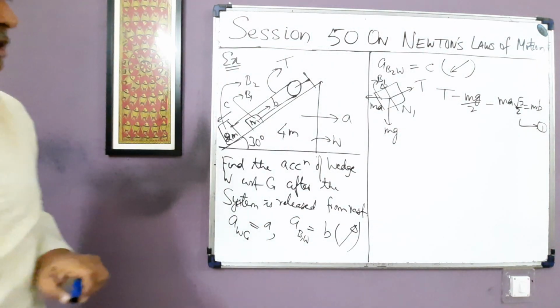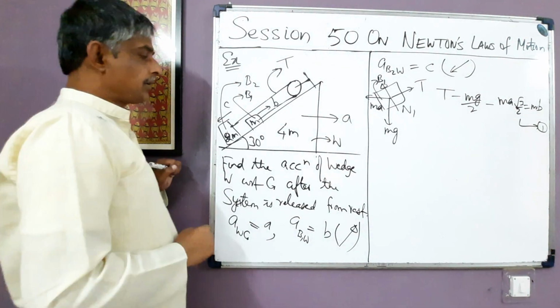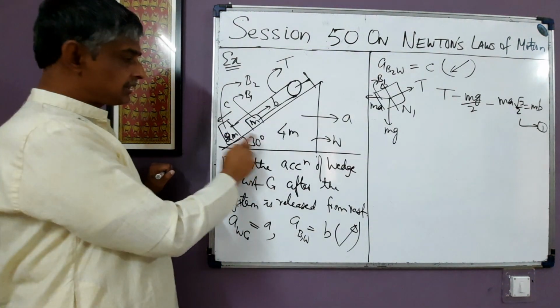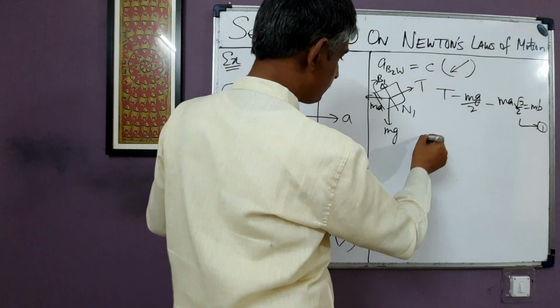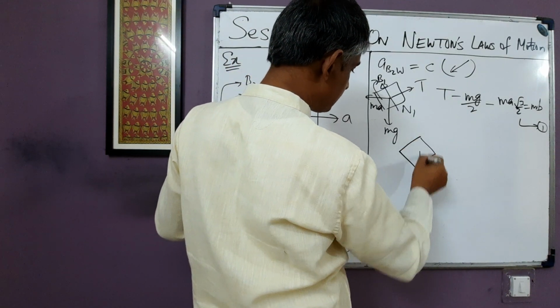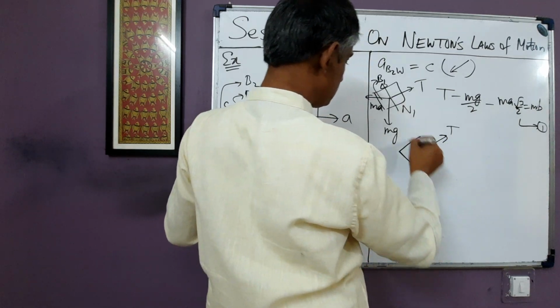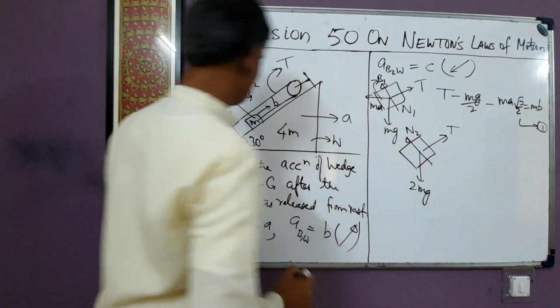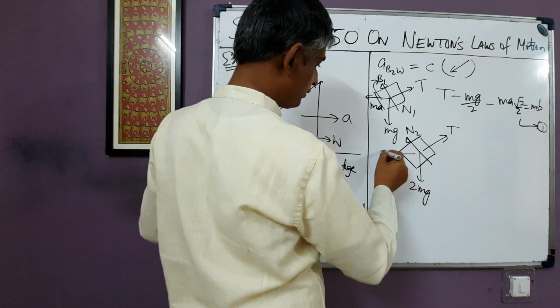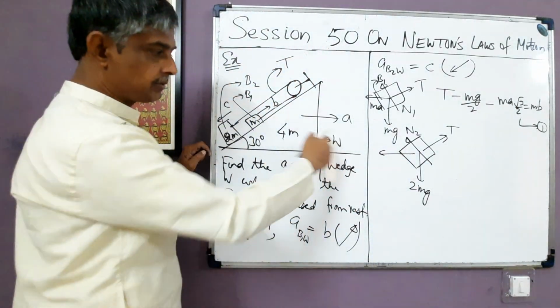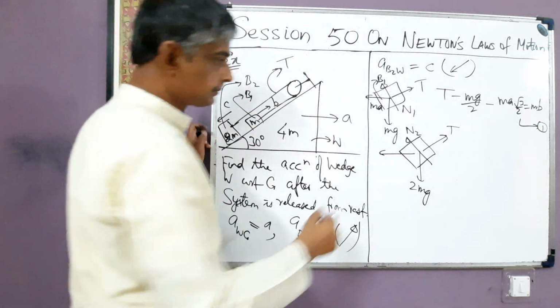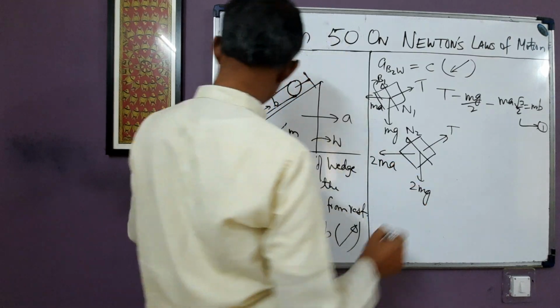Now I draw the free body of B2 with respect to wedge. So the free body of B2 with respect to wedge will be something like this: 2mg, T, N2, and a pseudo force acts on it, 2ma leftward, because the wedge is a translating non-inertial frame.